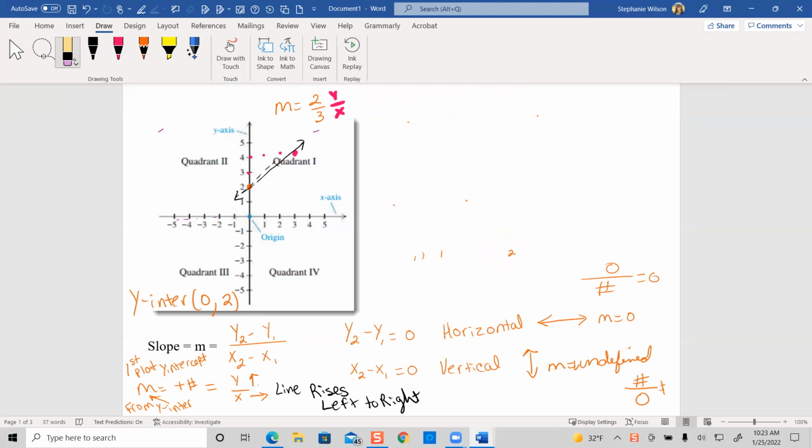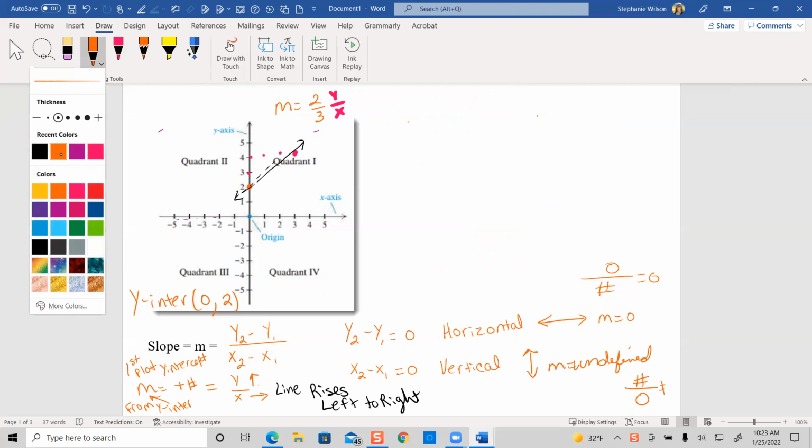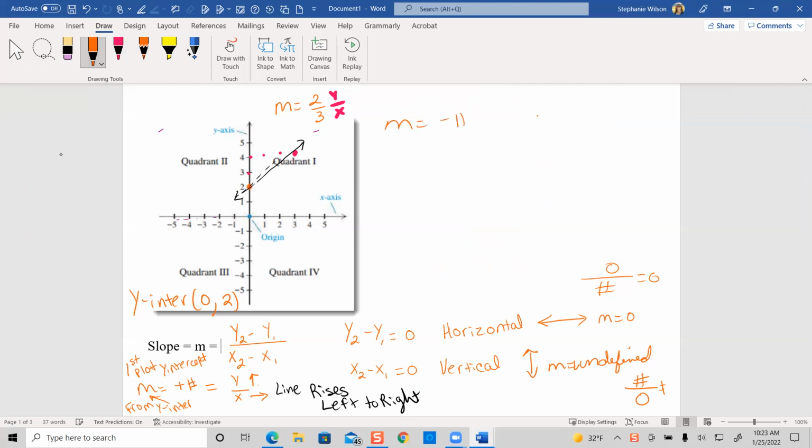All right, so now let's talk about if my slope is negative. If it's negative, then we're going to go down the number of y values and to the right the number of x values. And where are we going to plot it from? We're going to plot it from our y-intercept.